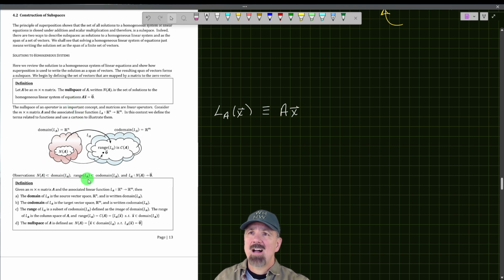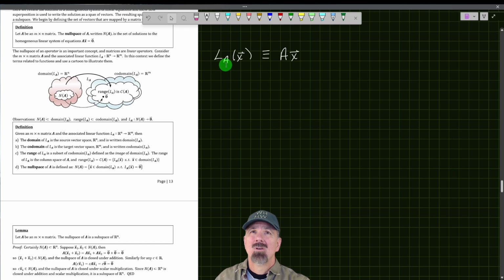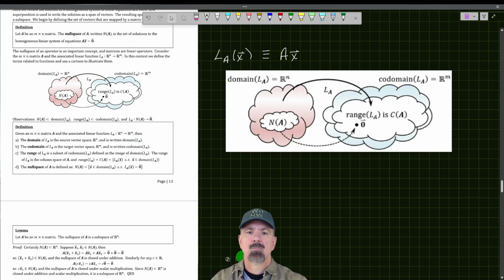And it provides this nice graphic. That's really what I want to do, is look at the graphic. Remember, for every matrix A, there is a linear function that does exactly the same thing that multiplication by A will do. Let me grab this out and blow it up.